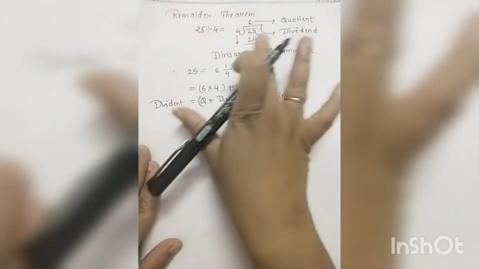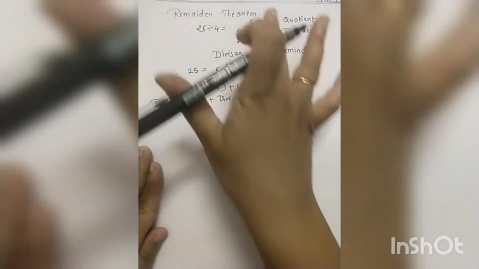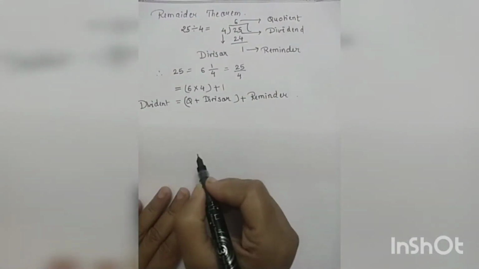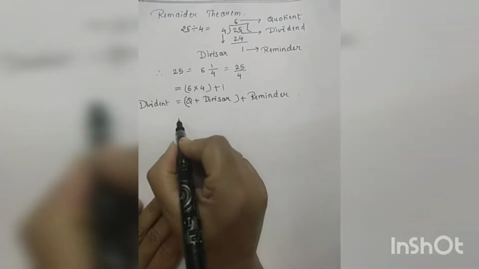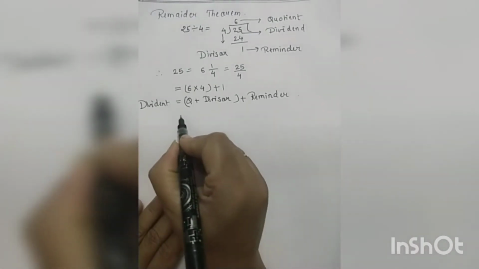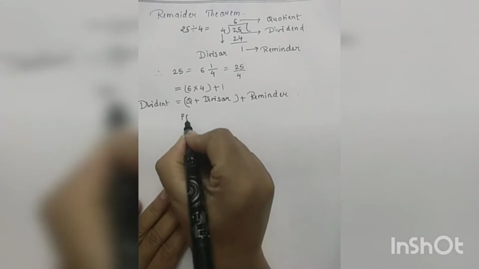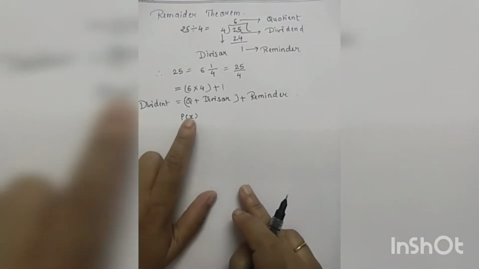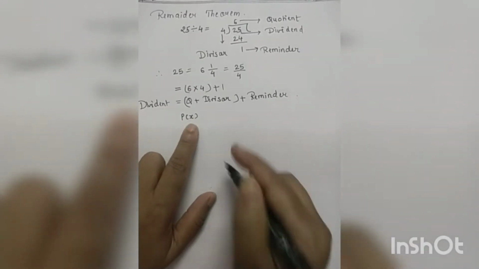All of you know simple number division. Now we are talking about polynomials, and what the remainder theorem is for polynomials. In polynomials we divide two expressions, say p of x. P means polynomial, and in this expression x is a variable, that means it is made up of the variable x.